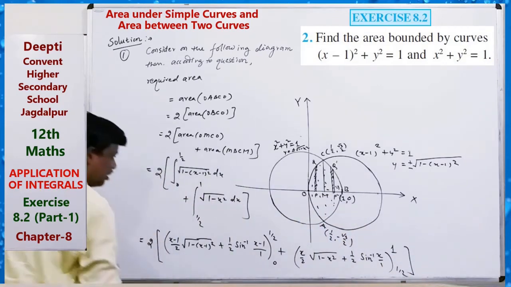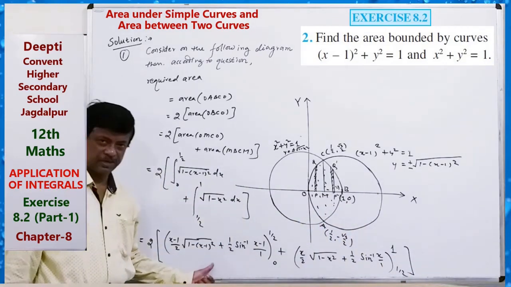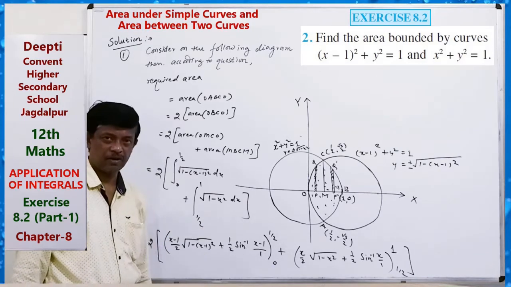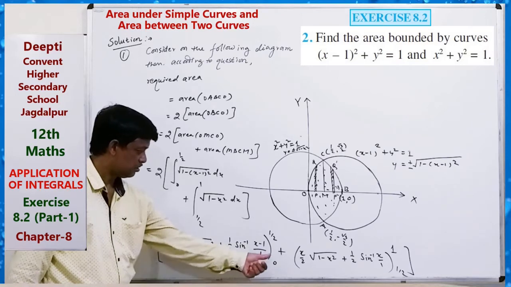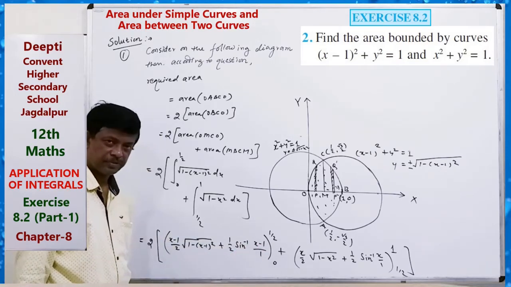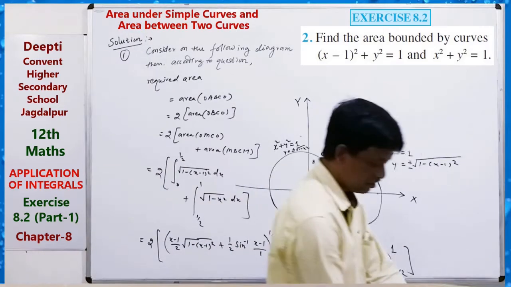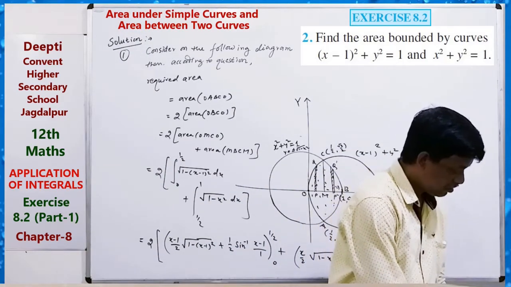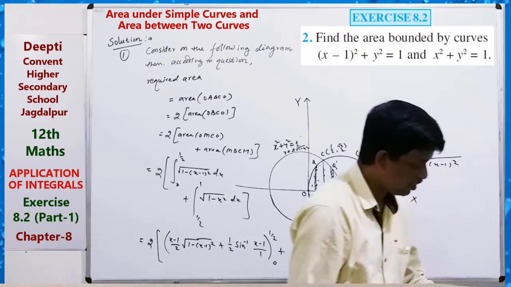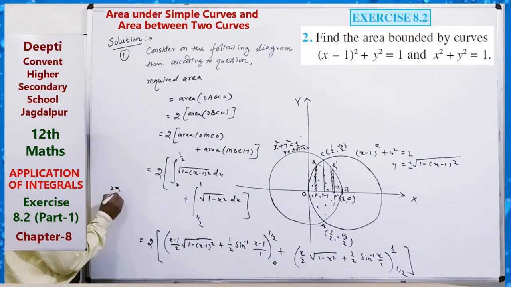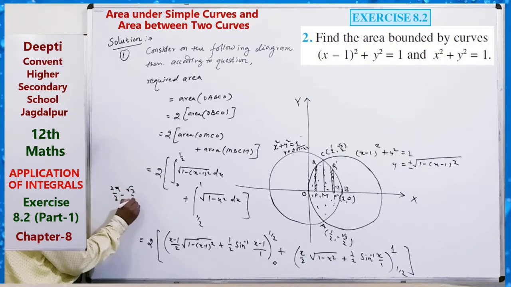Total is 2 times. Now you can put the limit here. First in place of x put half, and then minus in place of x put 0. You can get the result. Clear? So do it yourself. You can get 2 pi by 3 minus root 3 by 2.